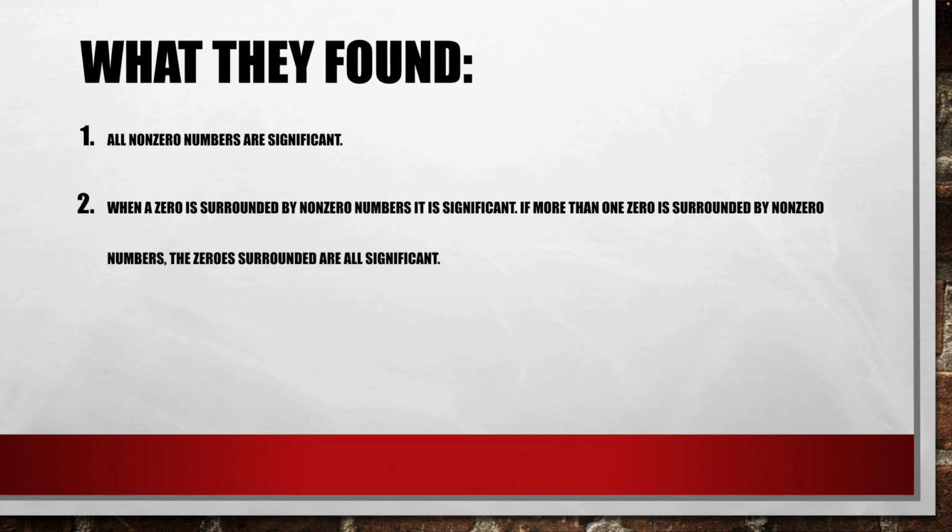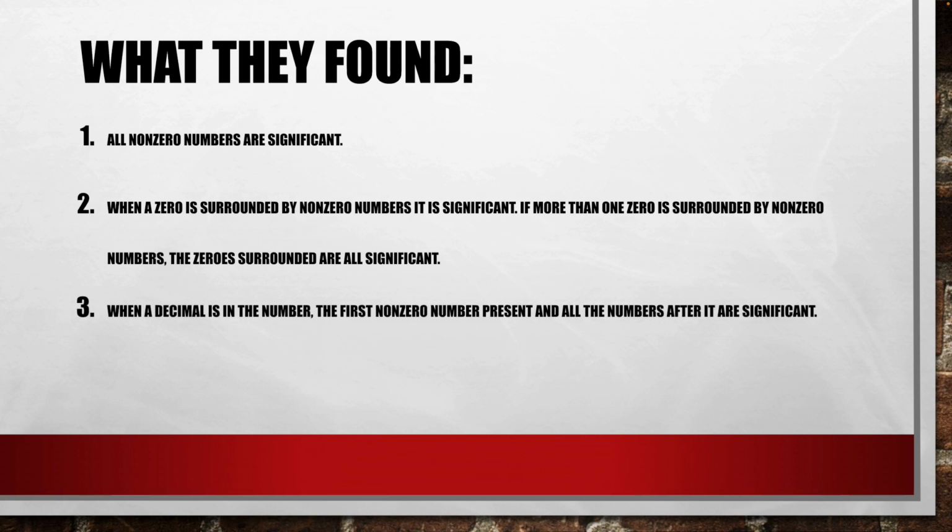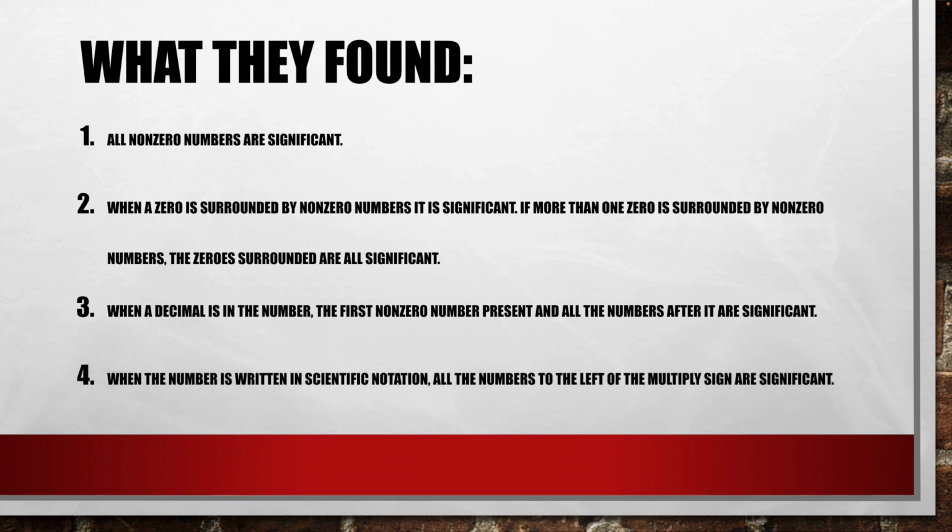When a zero is surrounded by non-zero numbers, it is significant. If more than one zero is surrounded by non-zero numbers, they're all significant. When a decimal is in the number, the first non-zero number present and everything after it are significant. And when the number is written in scientific notation, all the numbers to the left of the multiply sign are significant.